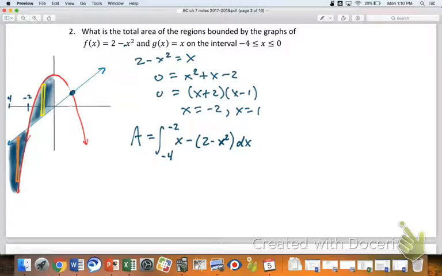That should, if calculated correctly, give us the area of the left region. And then I need to add to that the area of the right region. That would be from negative 2 to 0. But now the relationship between the upper and lower part of the representative rectangle would be reversed. So it would now be parabola minus line times dx.